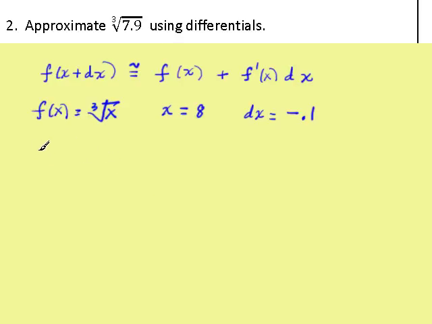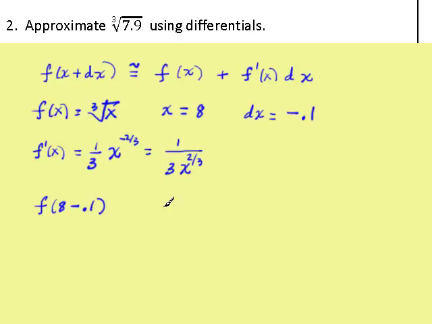Okay, now let's take f prime of x. This is x to the 1/3, so that would be 1/3 x to the 1/3 minus 3/3, that's minus 2/3. So there's f prime of x. All right, and now let's just substitute into our formula here, and we have f of 8 minus 0.1.